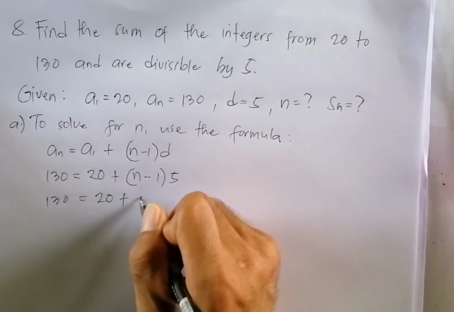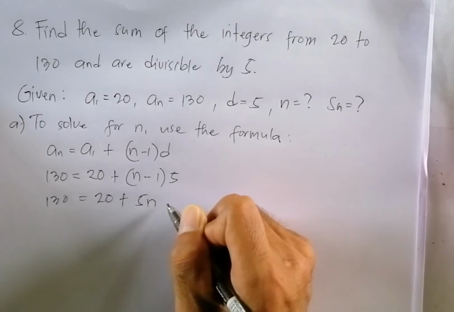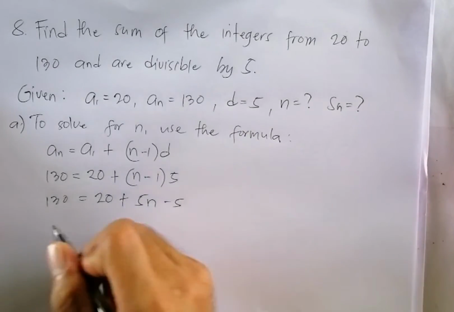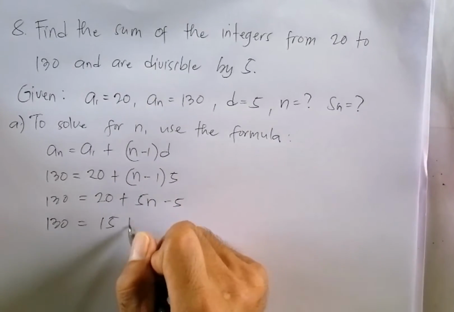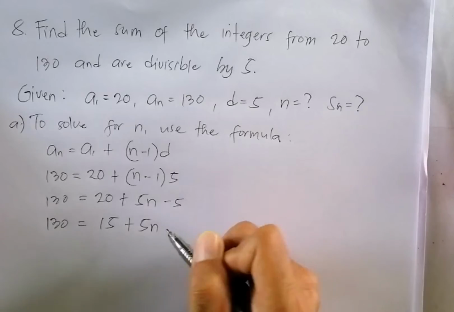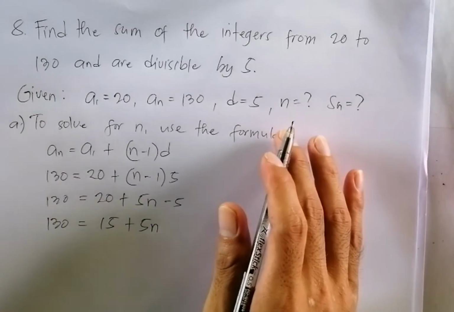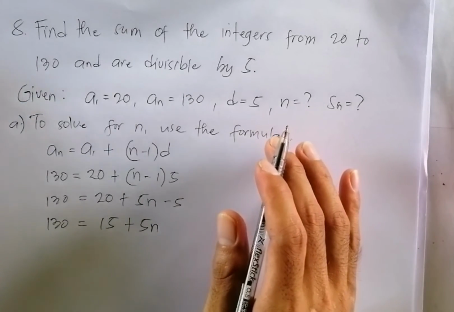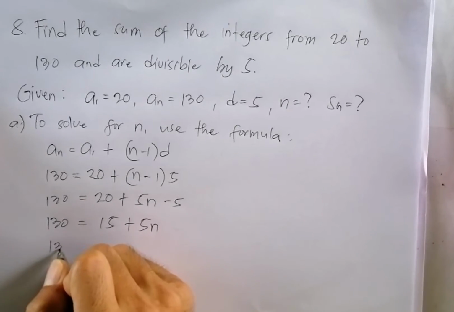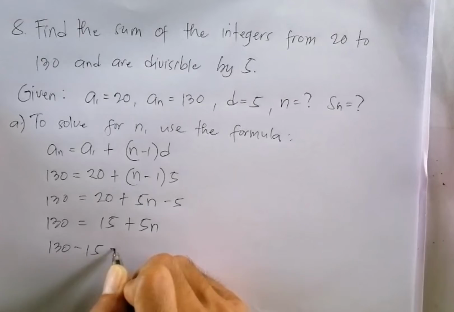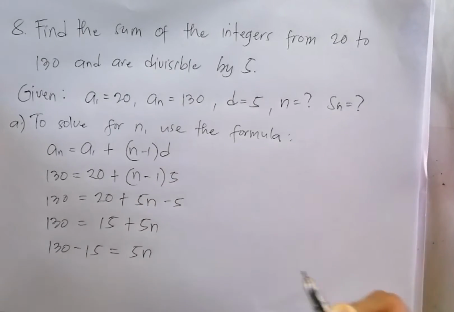Then distribute 5 times n is 5n, 5 times negative 1, that is negative 5. 20 minus 5 is 15. Okay, so we have 130 minus 15, that is equal to 5n.